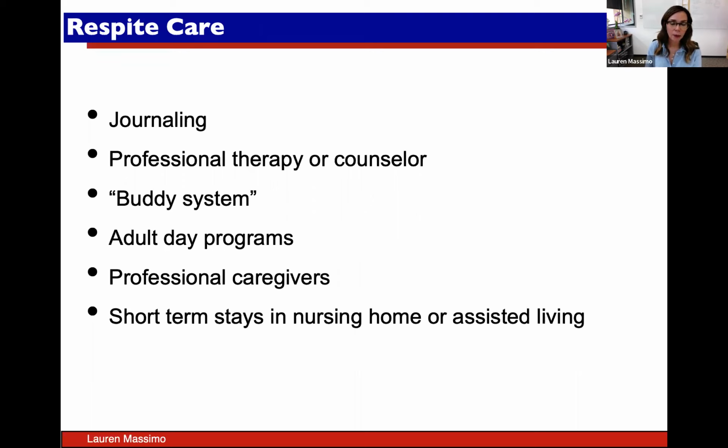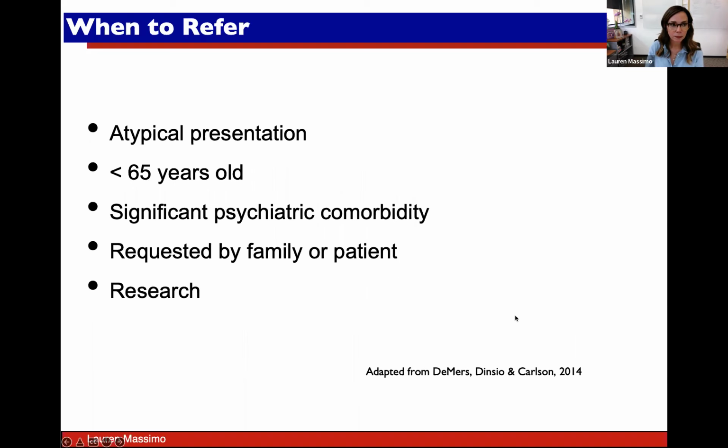Things like journaling, seeking professional help through a therapist or a counselor, having a buddy system. Adult day programs are often good for, again, getting a short break during the day. Professional caregivers, so having companions coming to the home, or short-term stays in a nursing home or assisted living, depending on how much the patient needs are.